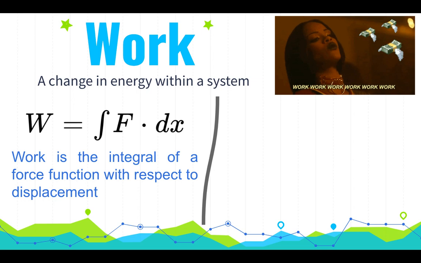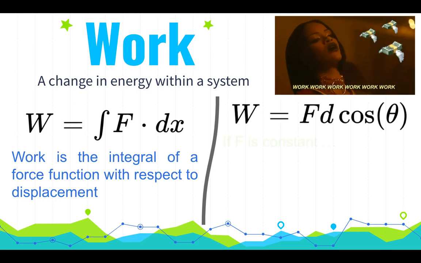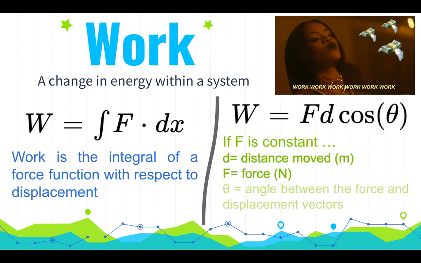That means that the force changes depending on the displacement, so force is not constant. We use the integral relationship for work. If force is constant, we can use the F times d cosine theta equation for work.